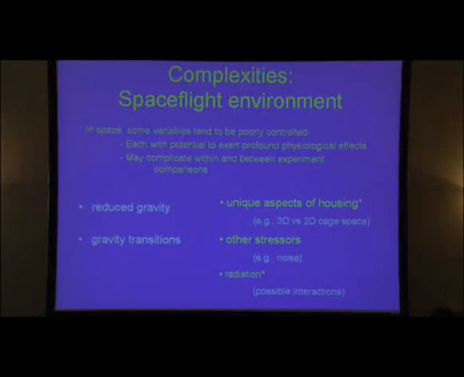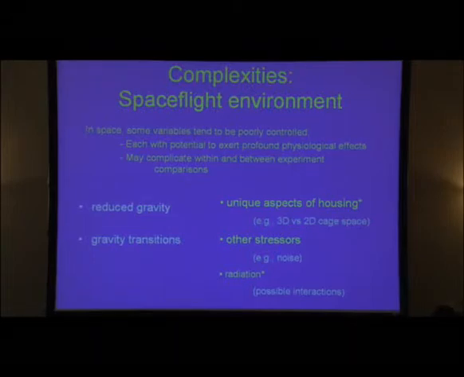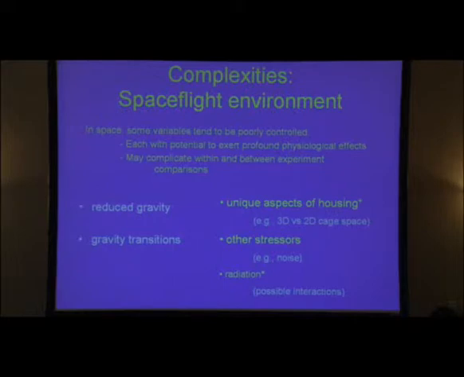Each of these variables has a potential to profoundly affect the function of a multicellular organism, and yet we don't know how important that is until it's tested or looked at in the context of other studies. The other aspect of these poorly controlled variables is that it can complicate between and within experiment comparisons. So we have to interpret previous results with great care.